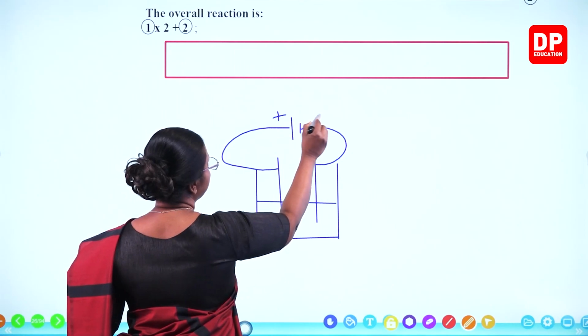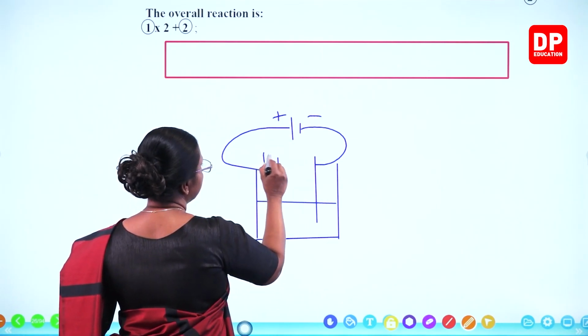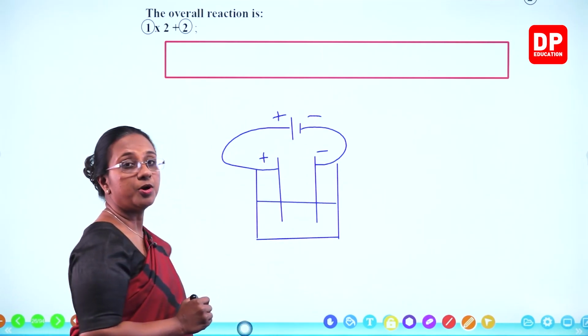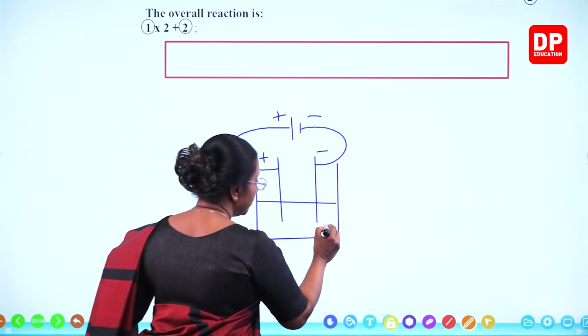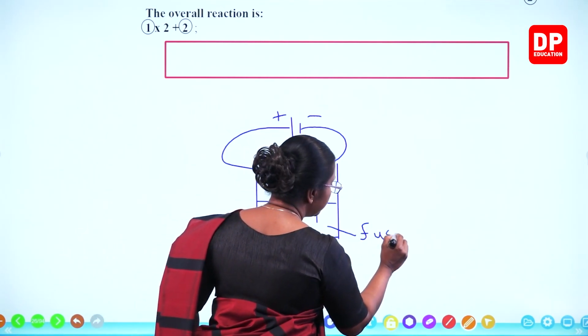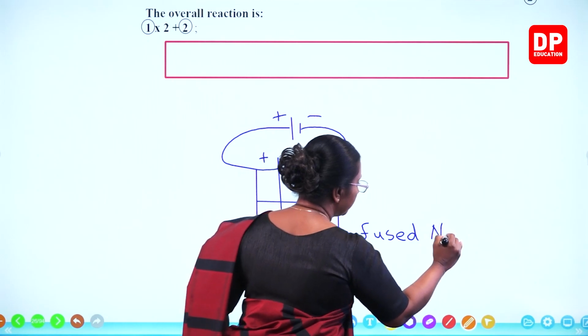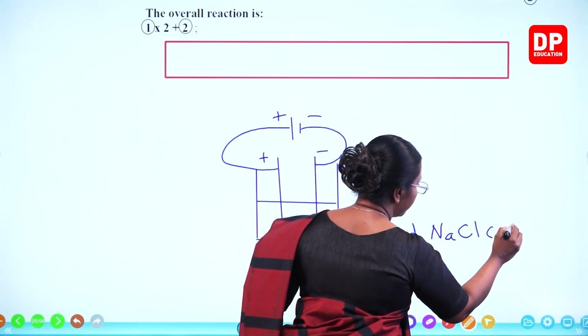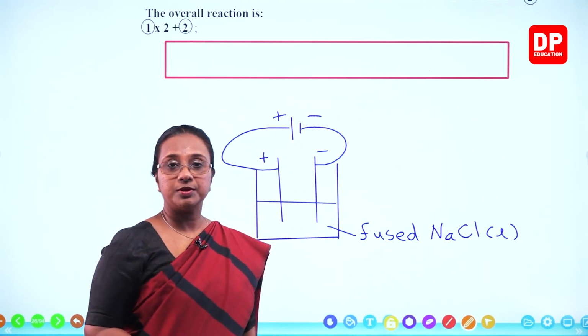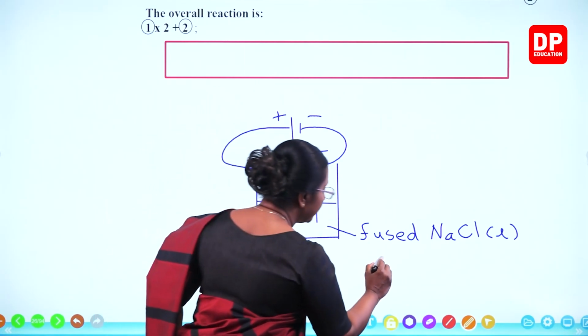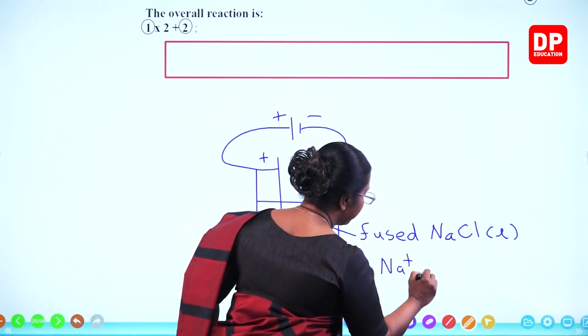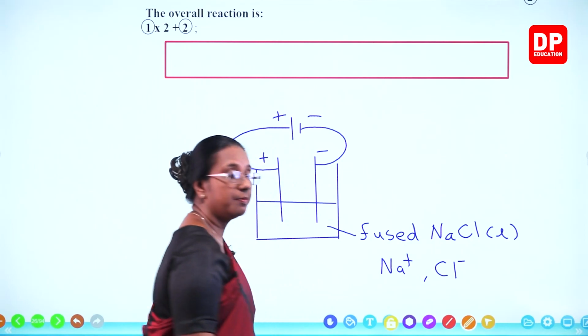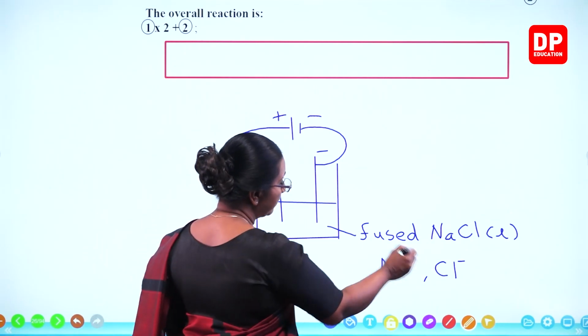Now since these are the positive and negative terminals, here also they become the positive and negative terminal. So if this is fused sodium chloride, that is molten sodium chloride or sodium chloride liquid, there are only 2 ions, Na plus and Cl minus, both in the form of liquid.